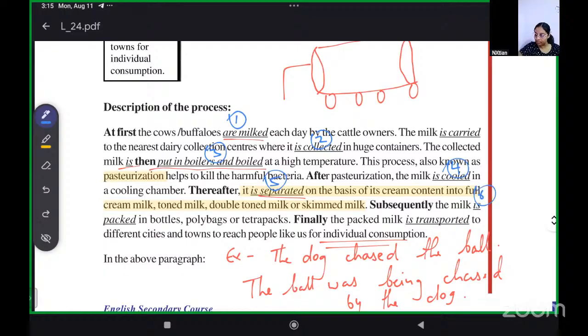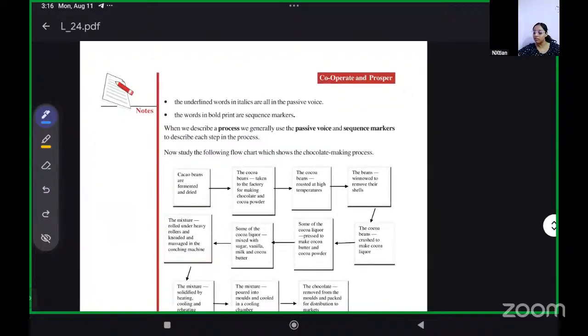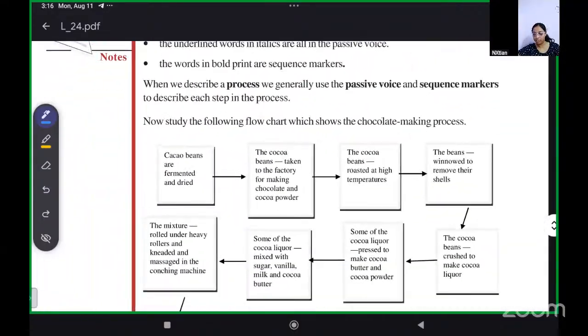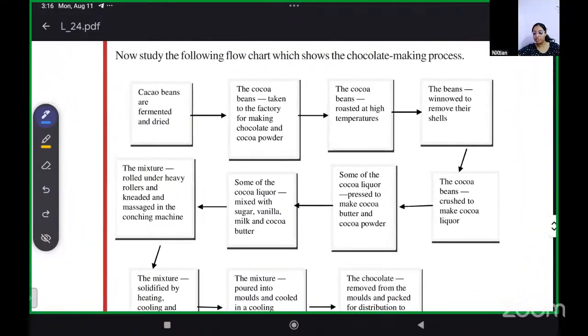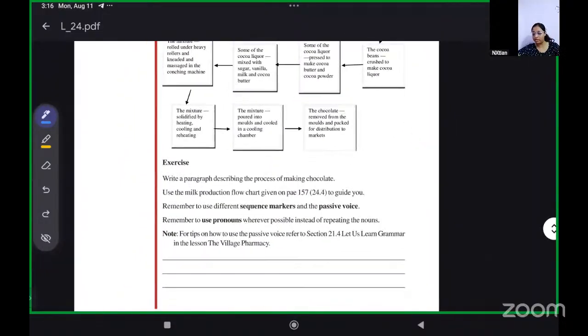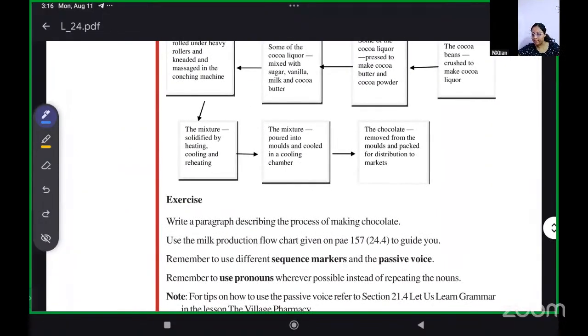Sixth step, seventh step is transportation. Can you see how we have also underlined it because they are showing us the steps in the milk production and transportation. Now study the following chart which shows the chocolate making process, and we have some activities, different sequence markers in the passive voice.